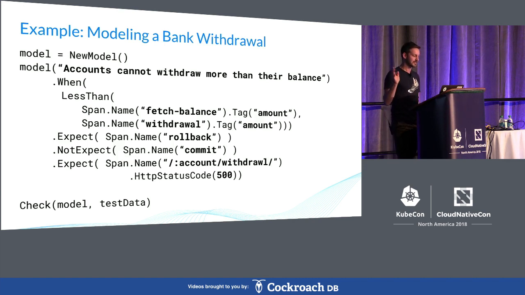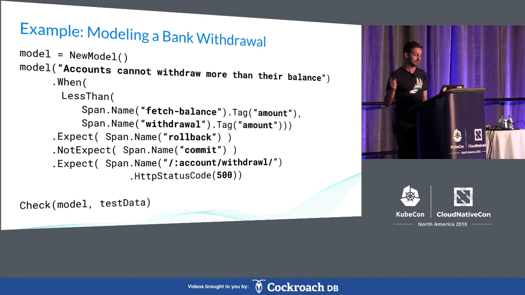But the basic idea is, in this particular case, we're going to create a model. We're going to create a particular example in this model, which is accounts cannot withdraw more than their balance. So we're going to say when you see a span called fetch balance, and it has a tag called amount, and that tag is less than the amount tag on the withdrawal span, then you expect to see a rollback.